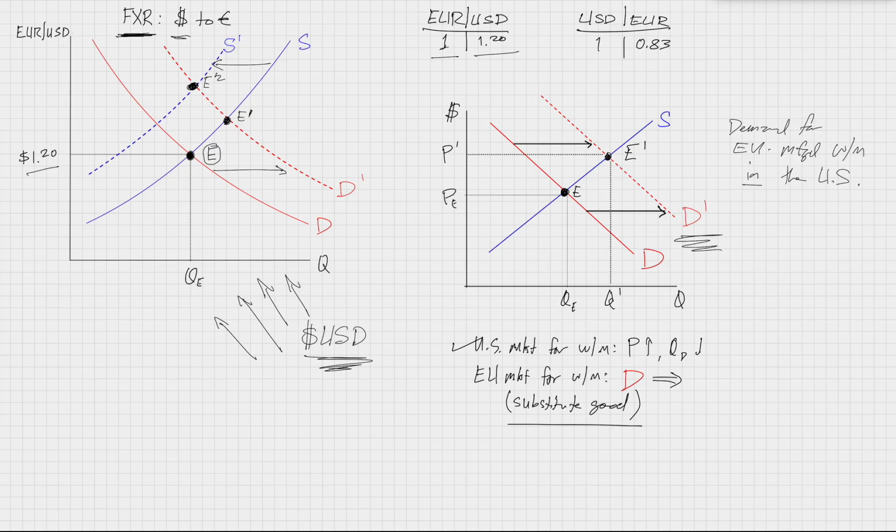So our demand elevated our price to here, P1, and then that demand push for euros diminished the supply of euros to where we had to come back to our original quantity equilibrium. But now the dollar has weakened against the euro, so the exchange rate has gone up. Let's just say, for argument's sake, it's now $1.35.